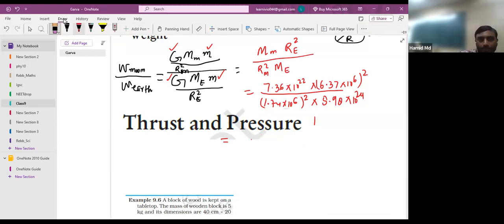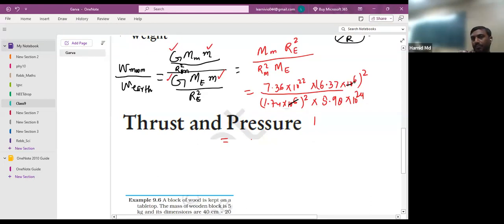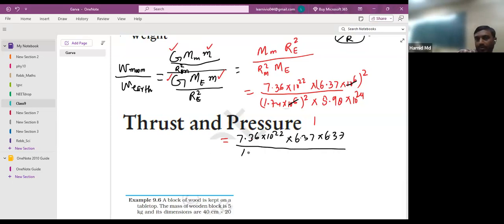Let me do a shortcut, otherwise the calculation will be too much. See, 10 to the power 6 and 10 to the power 6 whole square, so I'm just cancelling out 10 to the power 6. So we are left with 7.36 into 10 to the power 22, and I will write 6.37 twice, and divide by 1.74 into 1.74, and this is 5.98 into 10 raised to the power 24.